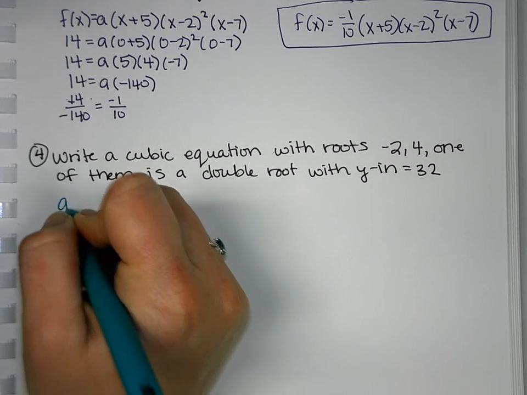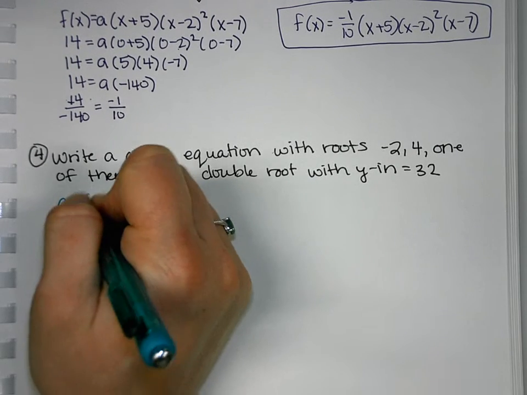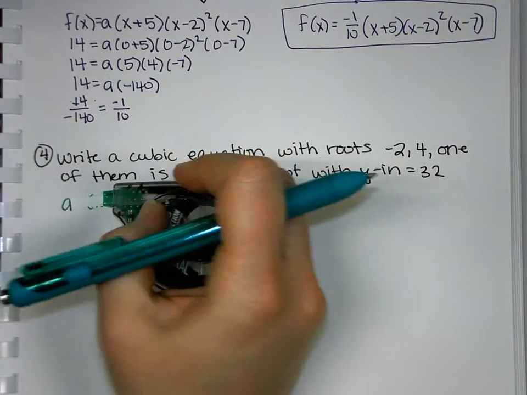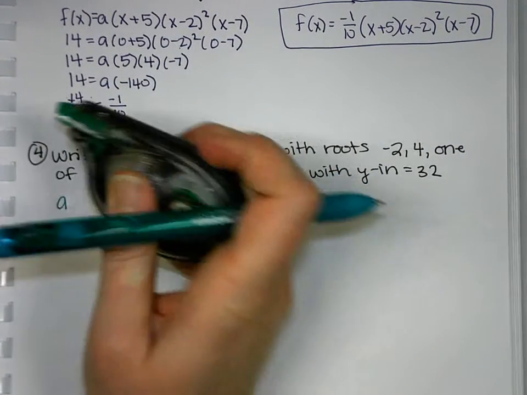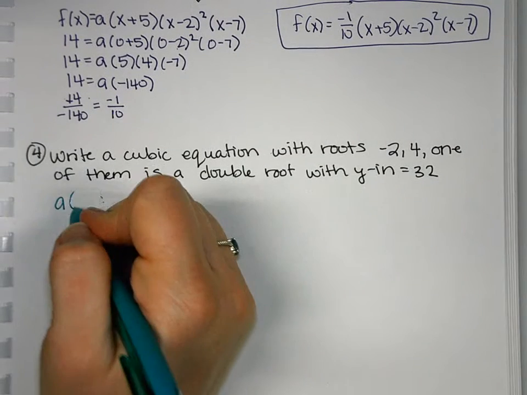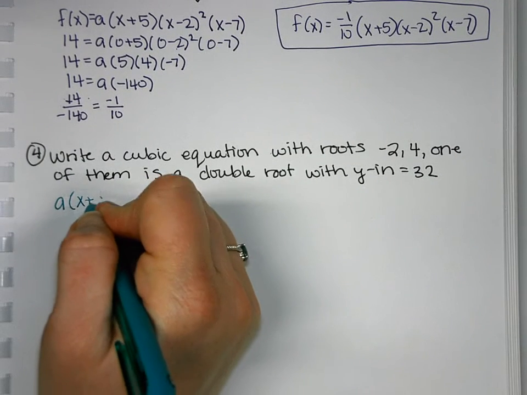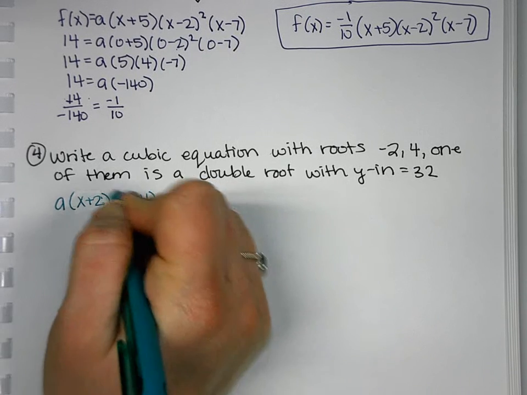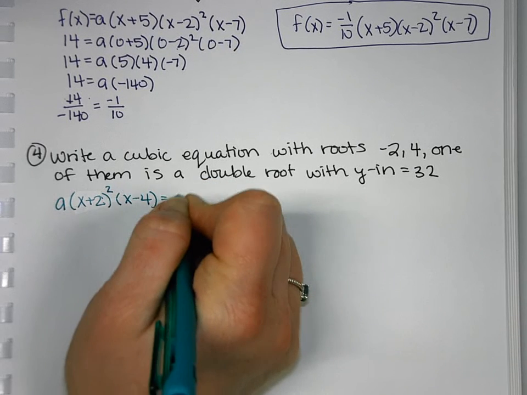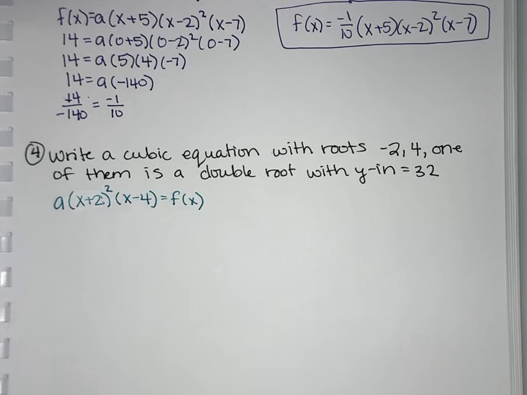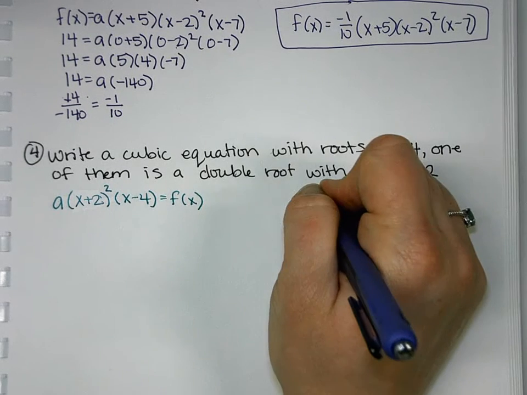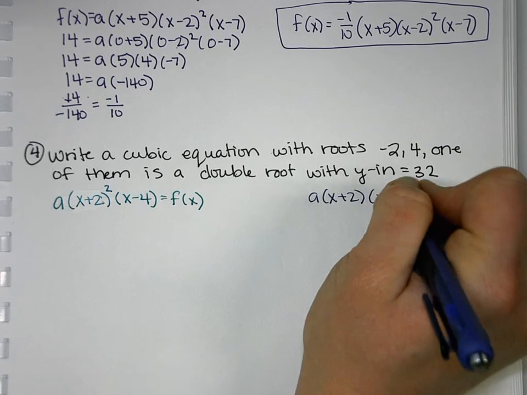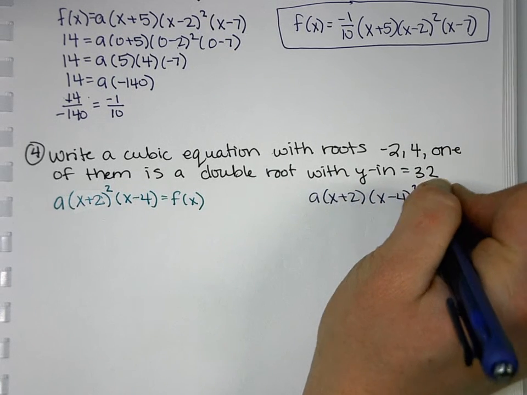We'll have our constant a times (x + 2)(x - 4), and I'm going to make the (x + 2) squared here. My second possible answer would be a times (x + 2) times (x - 4), where that's the one that's squared.